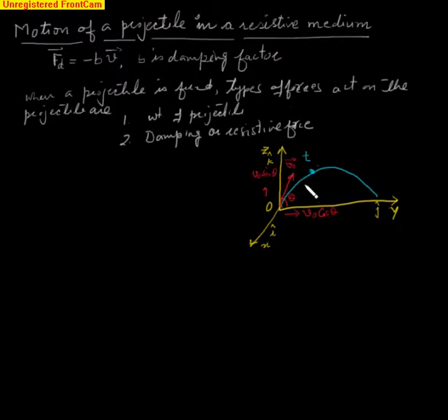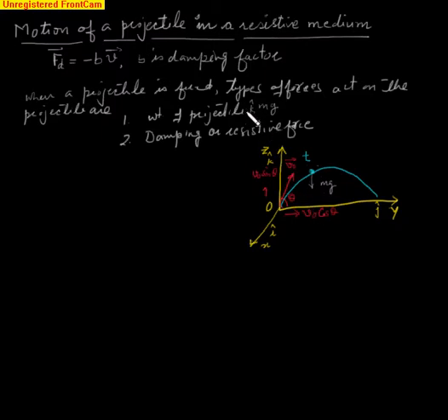So we will start with the second law of motion, in which we equate all types of forces to the net force on this projectile. We write the weight as m into g, but because it is acting along the z axis, and the weight of the object will be in the downward direction, we mark it as minus k, because k is upward and this is downward.